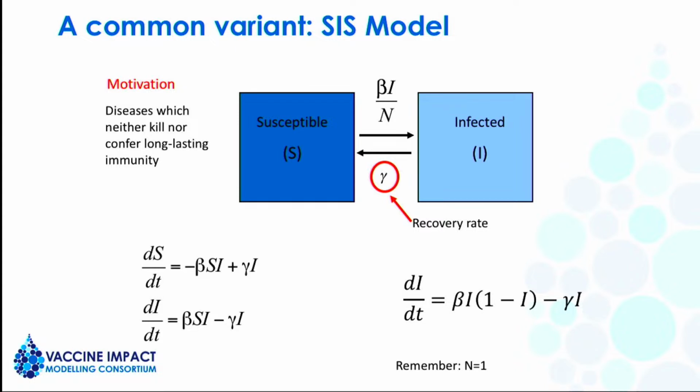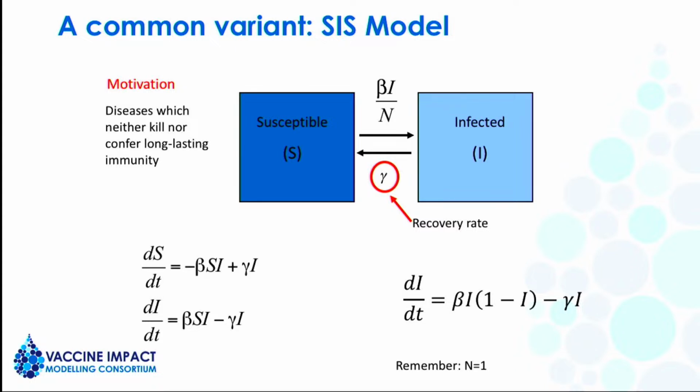So we could add an extra term here. We've got a recovery rate gamma. Our new equation for the susceptible population is this infection term, here n equals 1 for convenience, and then we've got this recovery term. So people can get infected, they stay infected a while, and then they move back to being susceptible.